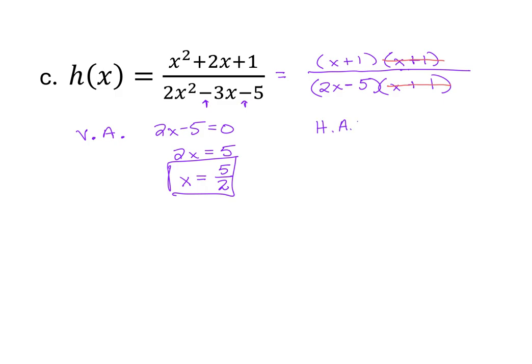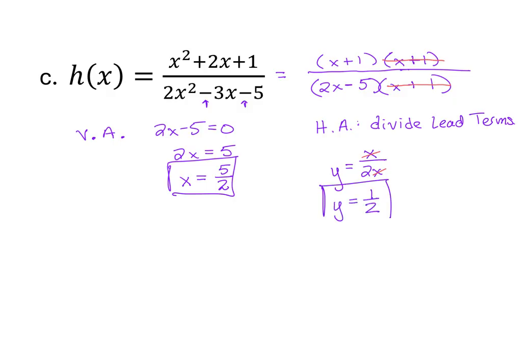Remember, for horizontal asymptotes, we divide the leading terms. If we do this, we get y equals x over 2x. My x's cancel, and I am left with y equals 1/2. So we do have a horizontal asymptote.